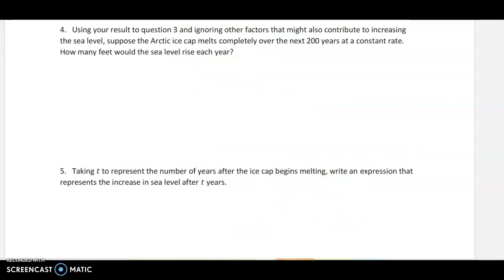On the last number, we found out that the ocean rises 26 feet total if the polar ice caps melt. Well, if the ice caps melt over 200 years at a constant rate, we want to know how many feet it would rise each year. So basically, it's like we're spreading this 26 feet over 200 years. So what operation would you do there?